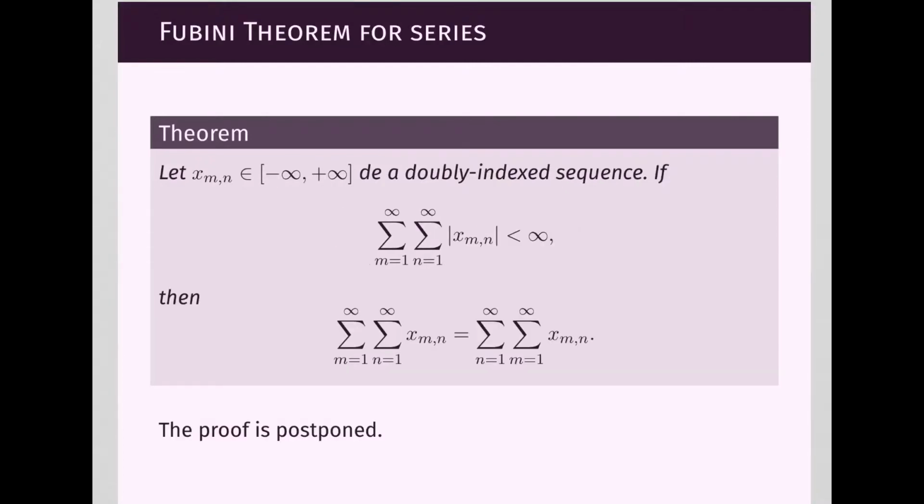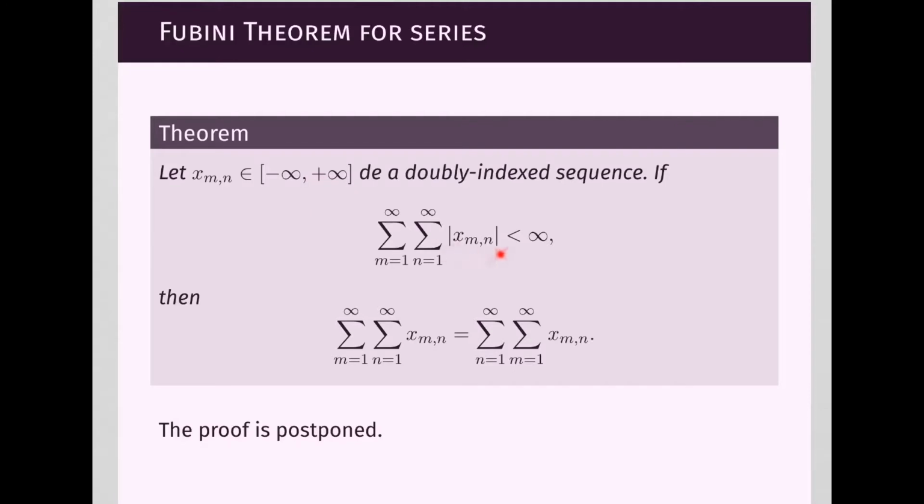Then corresponding to Tonelli's theorem for series is Fubini's theorem for series, which is again a baby version of Fubini's theorem. It says if we have a doubly infinite sequence and now we allow numbers to be negative, we even allow them to take values minus infinity and plus infinity.